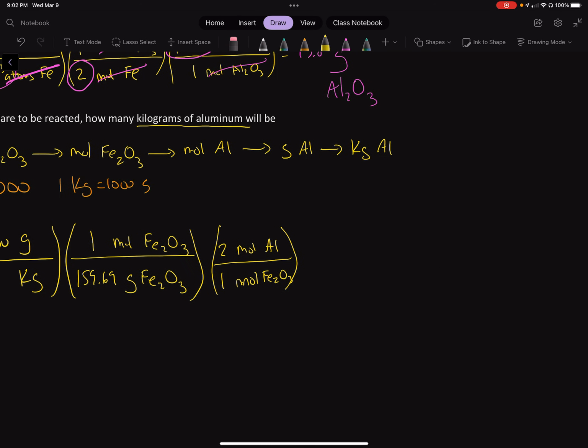Okay, next we have moles of aluminum. We have to go to grams of aluminum. So that means we need the molar mass of aluminum. So for every 1 mole of aluminum, and I think it was 26.98 grams of aluminum. That's the molar mass.